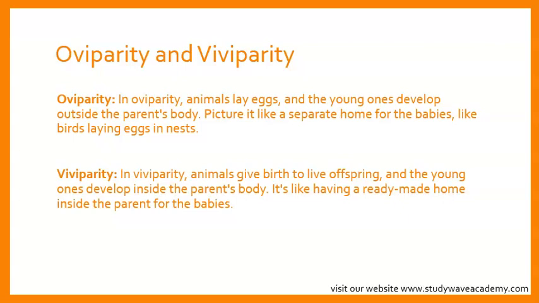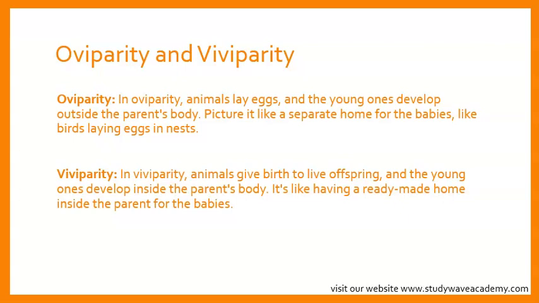Viviparity is live living, where offspring are born alive. Okay? Animals give birth. The baby develops inside them, it grows inside them, and they give birth. Do you understand that?